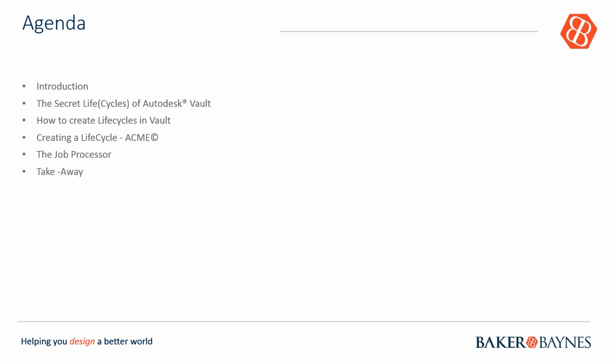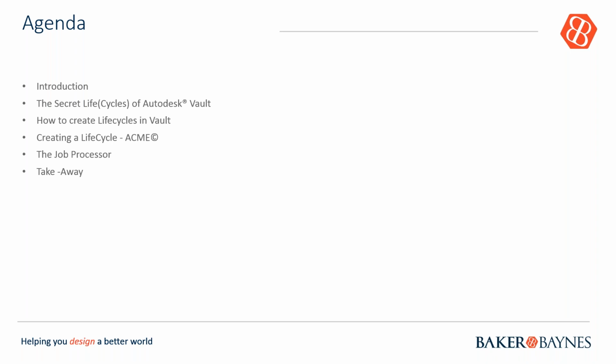How to create it, some of the steps on creating a life cycle for yourself. And also we would create an ACME standard life cycle, so the process of creating that. Finally, we look at the job processor, which handles a lot of the jobs in the background for us. So we'll have a little discussion on that, what it does and what's required. And then we've got takeaways.